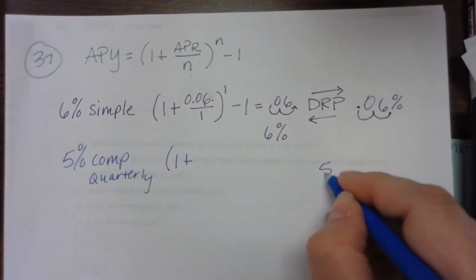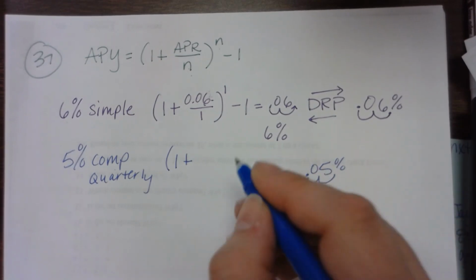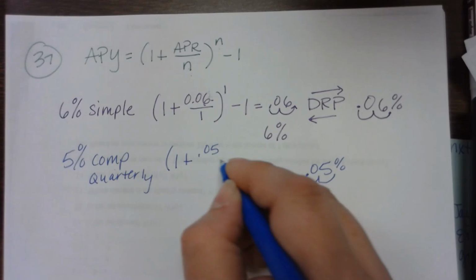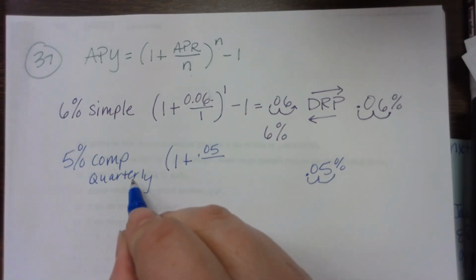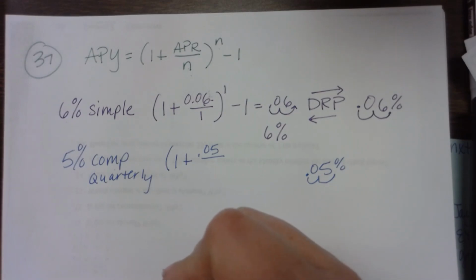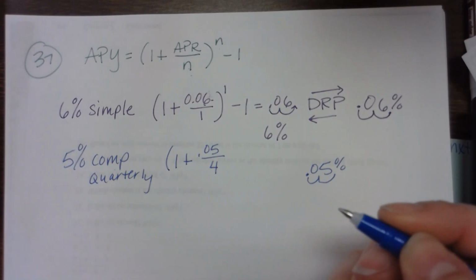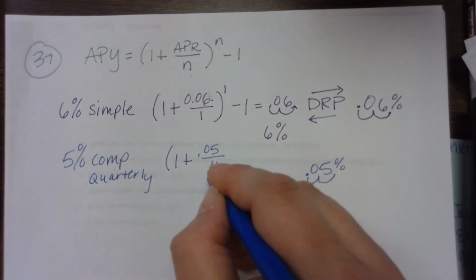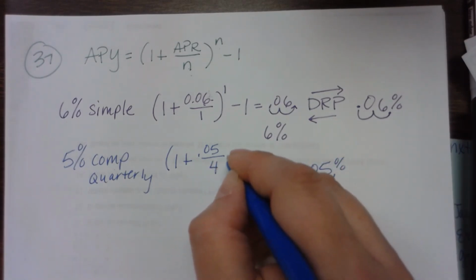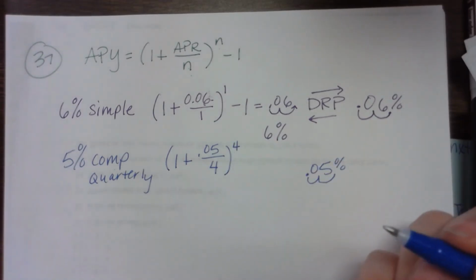Move it over 1, 2, which puts me at 0.05, divided by my terms. Now, quarterly means fourths, right? 1 quarter, 2 quarters, 3 quarters, 4 quarters. So I'm going to put that in as a 4. That means every quarter, every 3 months, it will compound your interest. And of course, I'm going to put my exponent as the same, minus 1.